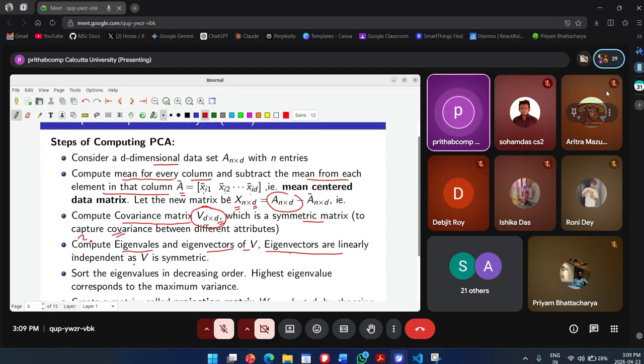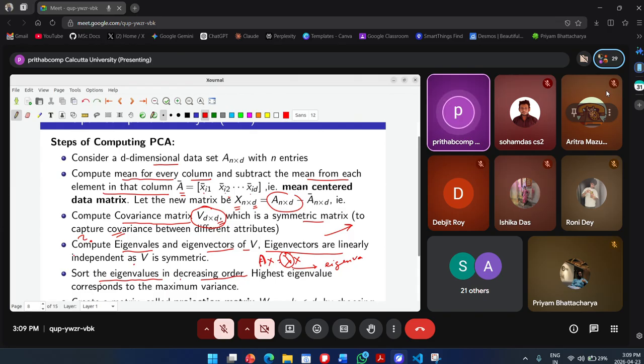Then we sort the eigenvalues in decreasing order. Now remember why we sort in decreasing order. You remember that Ax equal to lambda x. Lambda is your eigenvalue, right? So this lambda represents the maximum scaling value in this x direction. If lambda is high, it will be maximum. And A is what in this case? Variance. I want to maximize the variance.